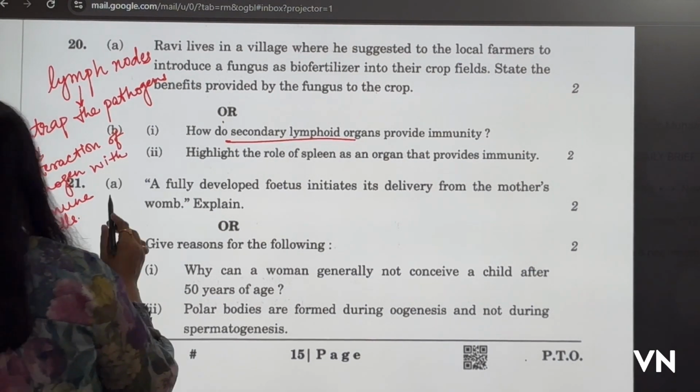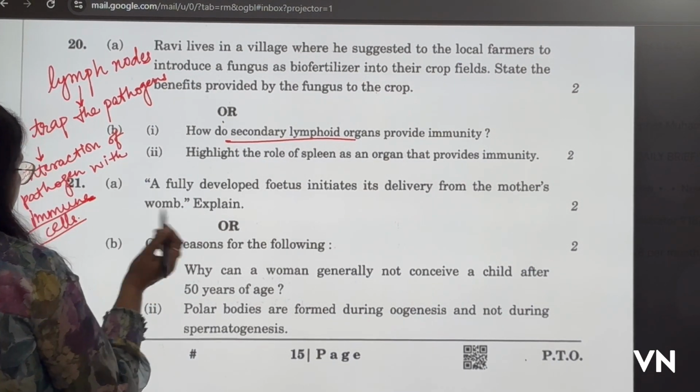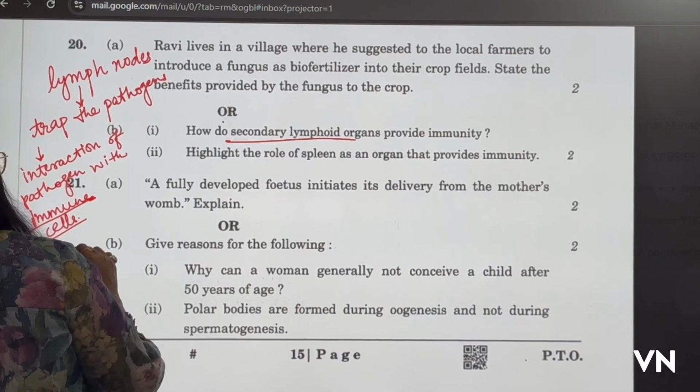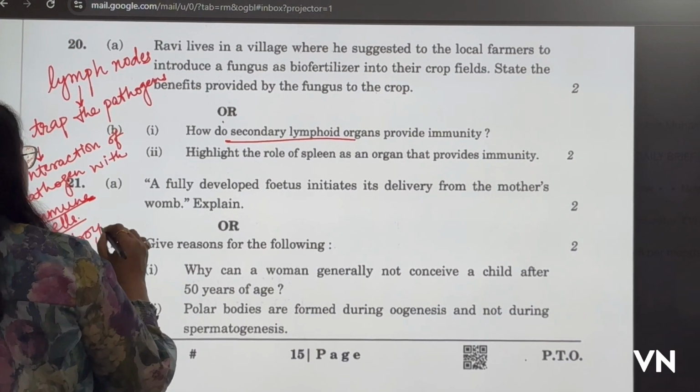And what happens? The immune cells in the form of lymphocytes destroy the pathogen.